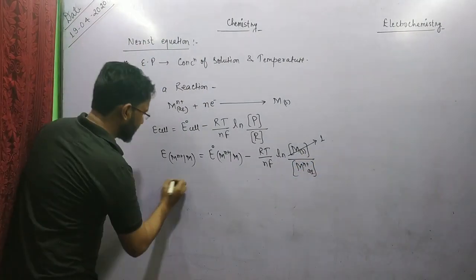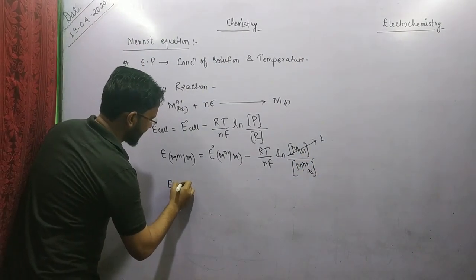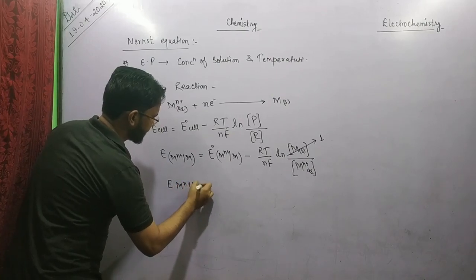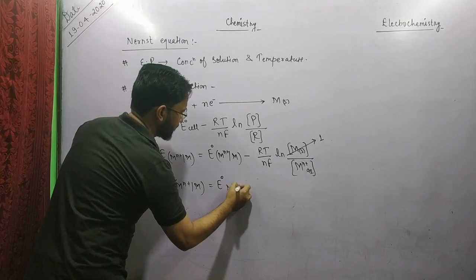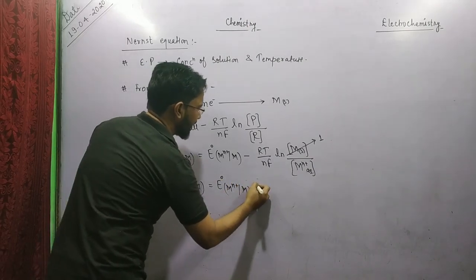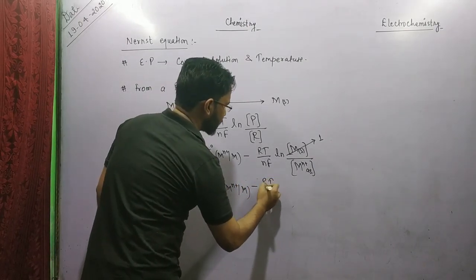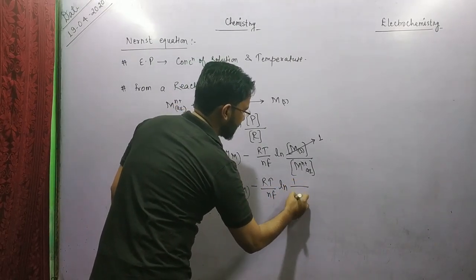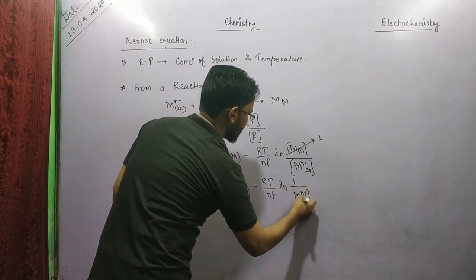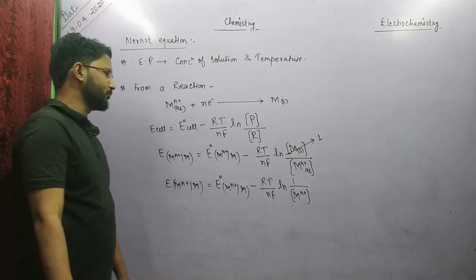Then the equation is E of M^n+/M equals E° of M^n+/M minus RT over nF ln 1 over [M^n+]. So ln is the natural form of log.